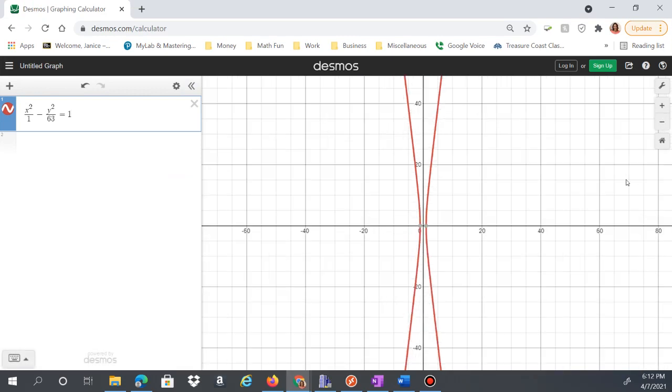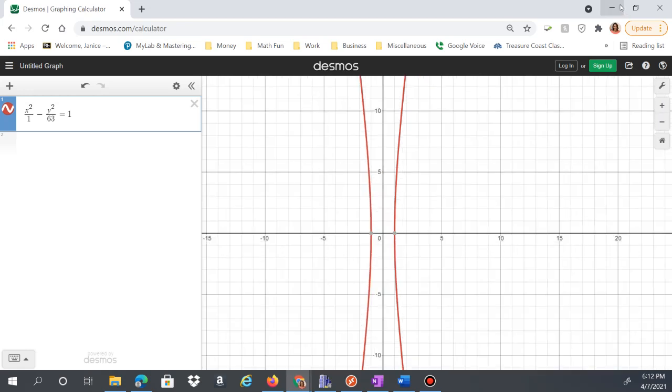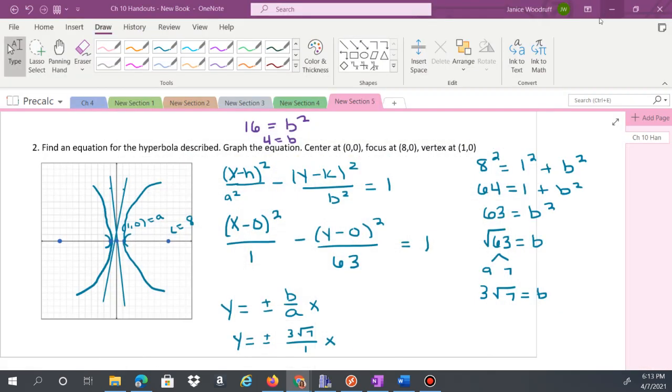Really, really wide though. And then see how I wrote the equation? I don't need the minus zeros as part of the final equation. So I would just do x squared over 1 and then minus y squared over 63. So the final one would be x squared over 1 minus y squared over 63 equals 1.